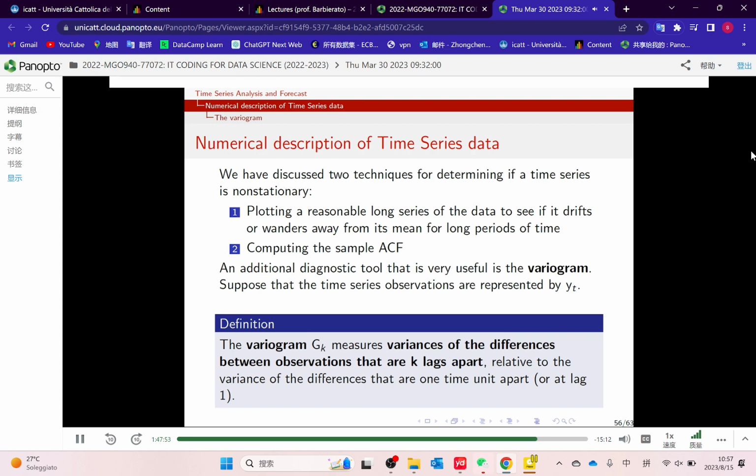So the variance of the difference between the first two values, then the second and the third and the fourth, and so on and so on. If you use K equal to 1, the lag equal to 1, it could also be something larger than that, obviously. But in this way, you are calculating the variance of each lag quantity of your time series.